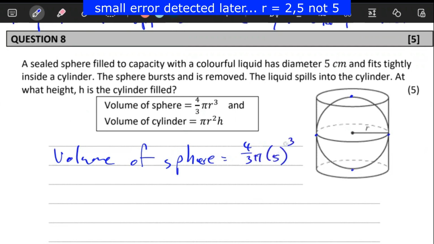So what do you have now? 4/3 times pi times 5 cubed. That's 500 over 3 pi. That's the volume of the sphere.